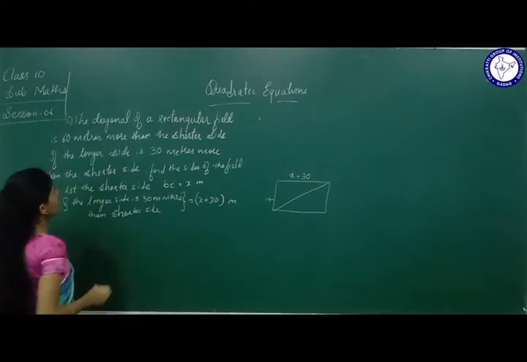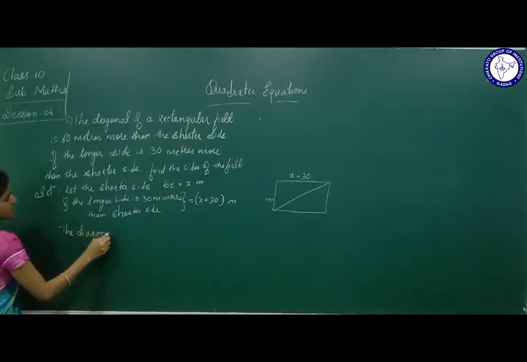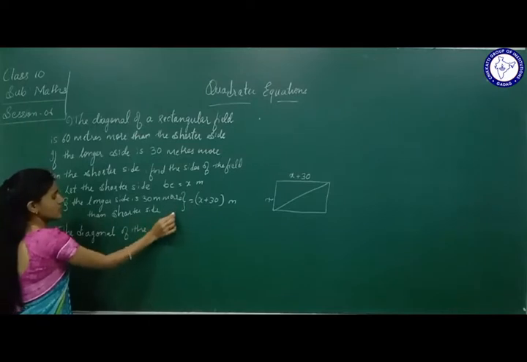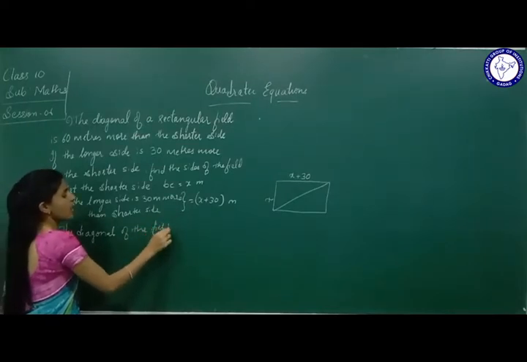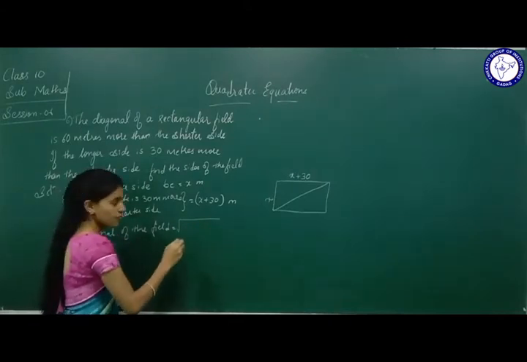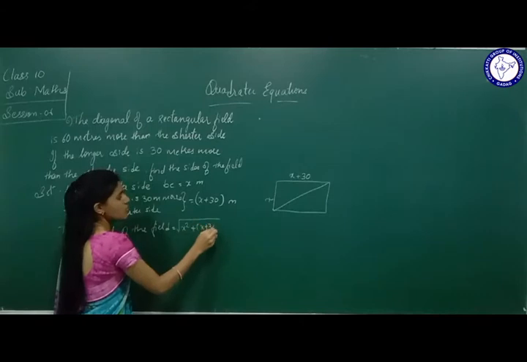What about the diagonal of the rectangular field? Therefore, the diagonal of the rectangular field is given by the square root of x square plus x plus 30 whole square.